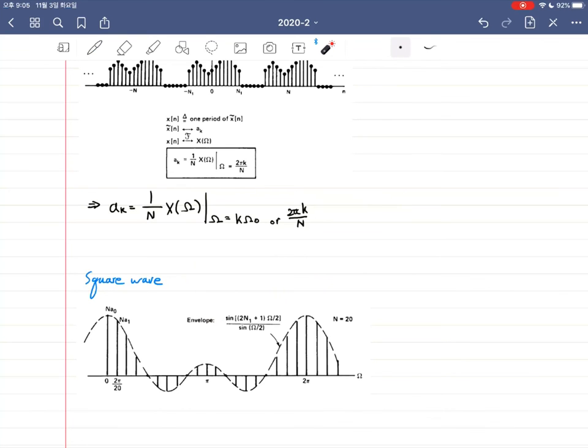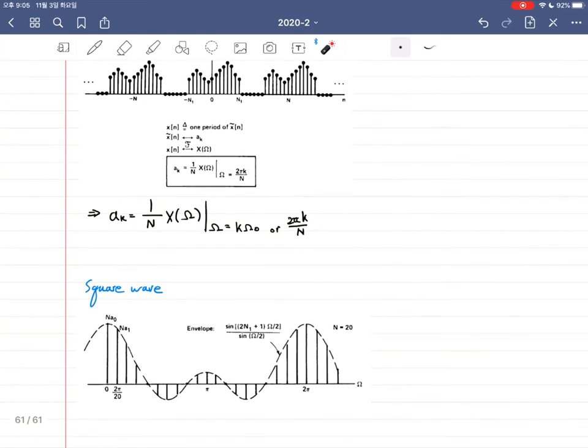However, what I want to say is this square wave was a periodic signal, and that periodic signal has the coefficients for the Fourier series, and those are these values here, and that value belongs to this x omega, which is this envelope here, right?